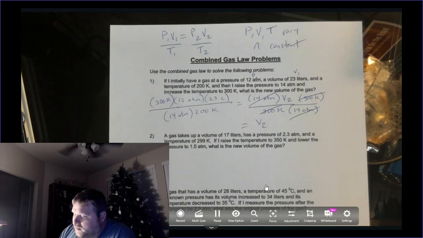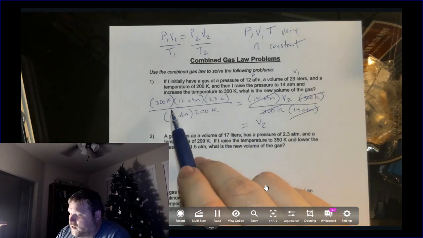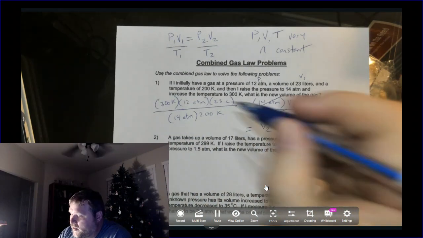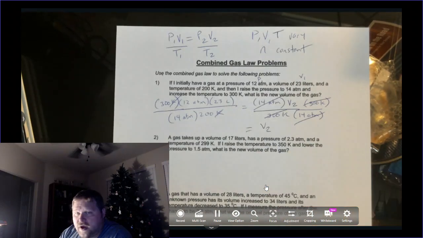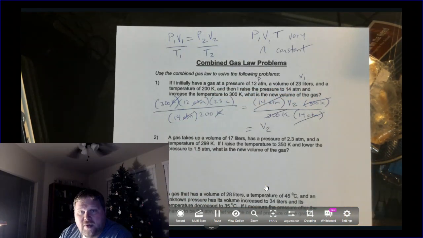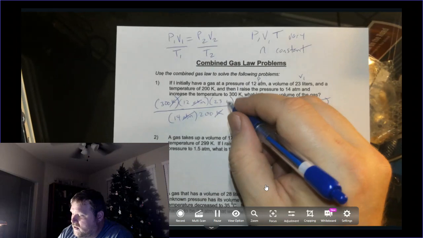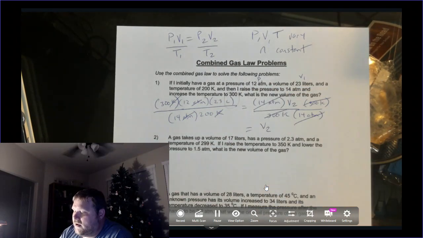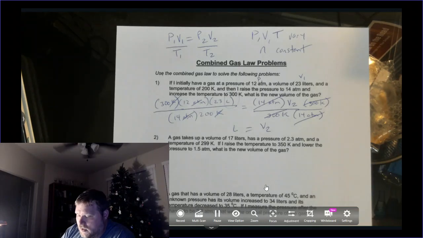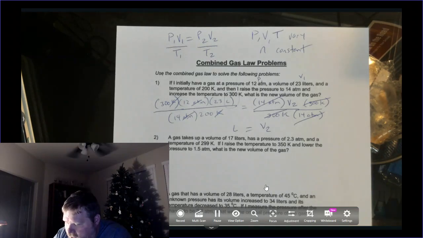Before I do, let me just point out that we're still doing proportions here, so your units have to match. I'm looking here, my temperatures both are in Kelvins, that's good. Pressure, atmospheres, both of them, and they cancel out. And that's going to leave me with just the L here, which is exactly what I want for the volume. All right, number time. 300 times 12 times 23, and that gives me a numerator.